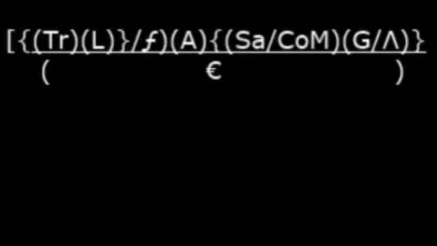We're going to go across the board, from left to right. We have TR multiplied by L, in its own little parentheses, divided by the fancy little F, and then that's closed off, multiplied by A, and then in its own little parentheses, SA divided by COM, multiplied by G over an upside down V. And then all of that is divided by the backwards C, which stands for communication, which we broke down in episode 1.